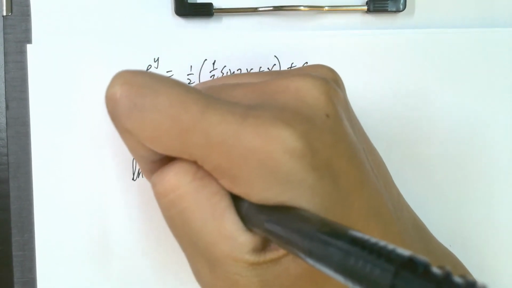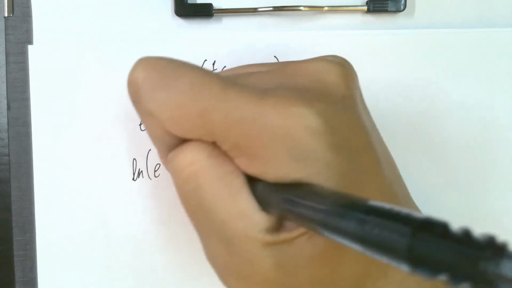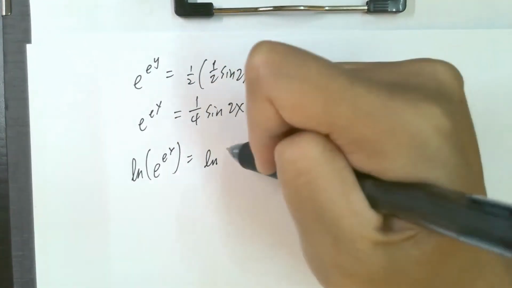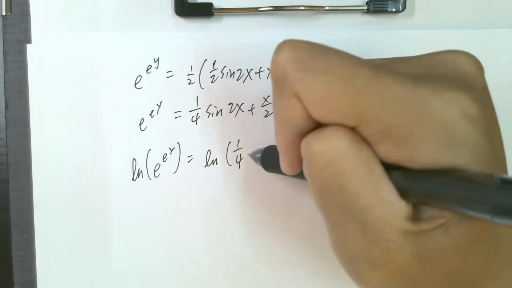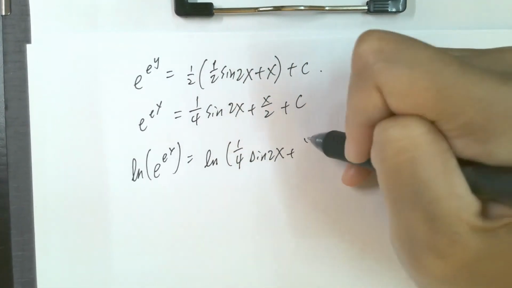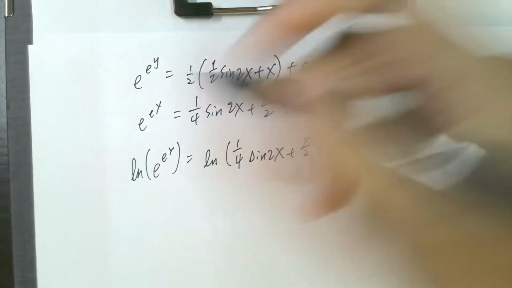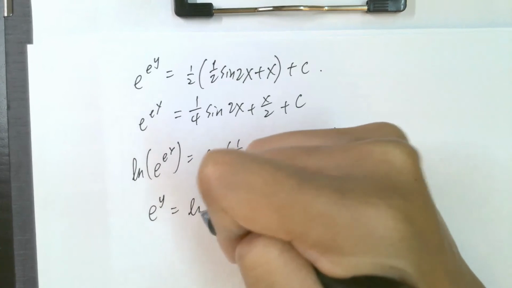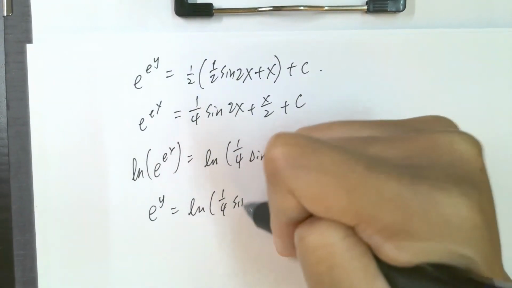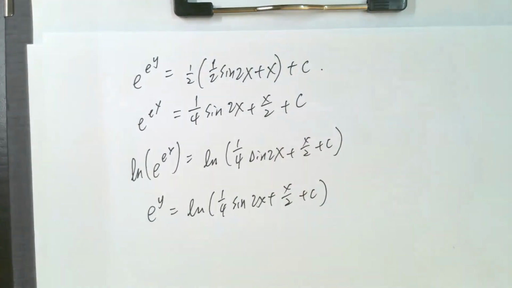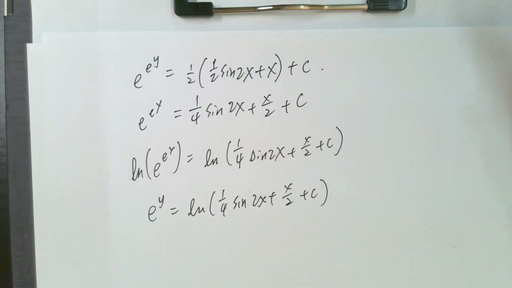So let me write an extra step if that helps. Okay, so it's going to be log of our 1/4 sine of 2x plus x over 2 plus c, and here our y comes out, so we have y equals to this, right? Sine 2x plus x over 2 plus c, and then we take our logarithm another time.